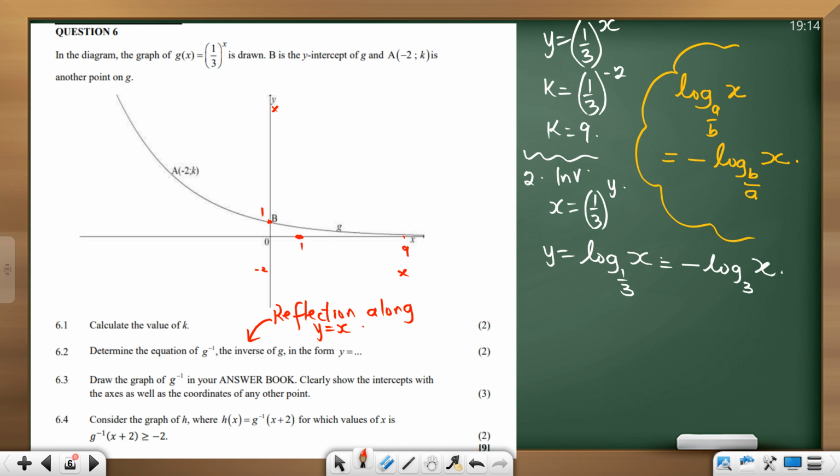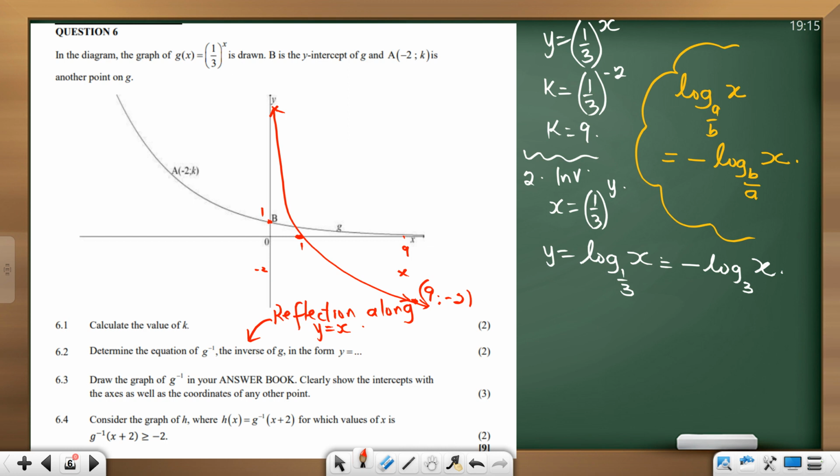Pass through what? 1 at that point. That point that we have. This point? 9. Check how we quickly got x. It must be close to positive 1. Clearly show the intercept with the axis. You see, we have there clearly also as one of the points.